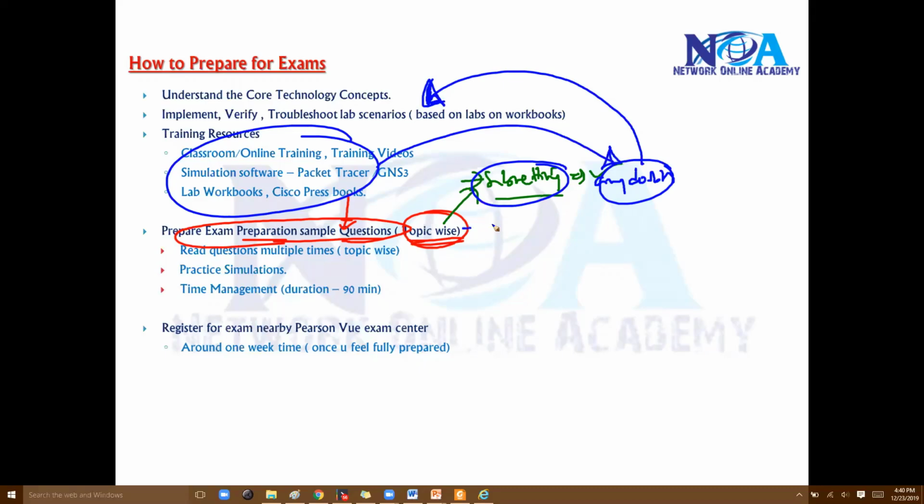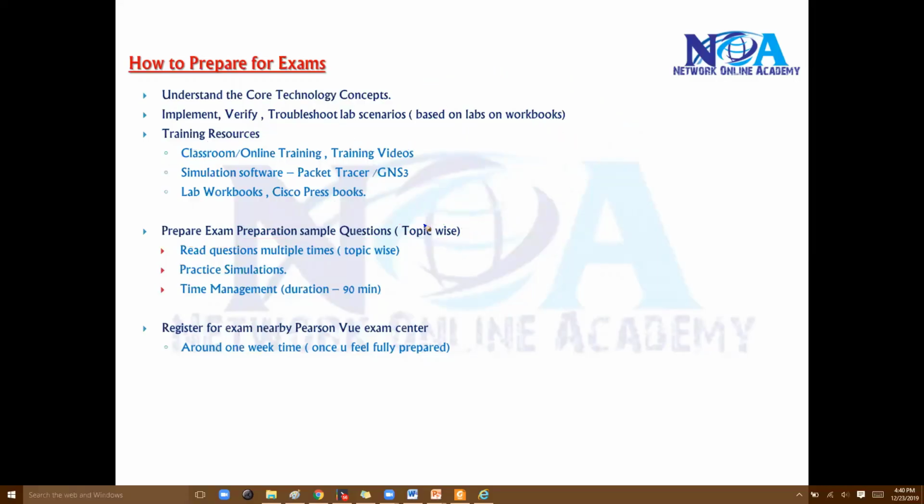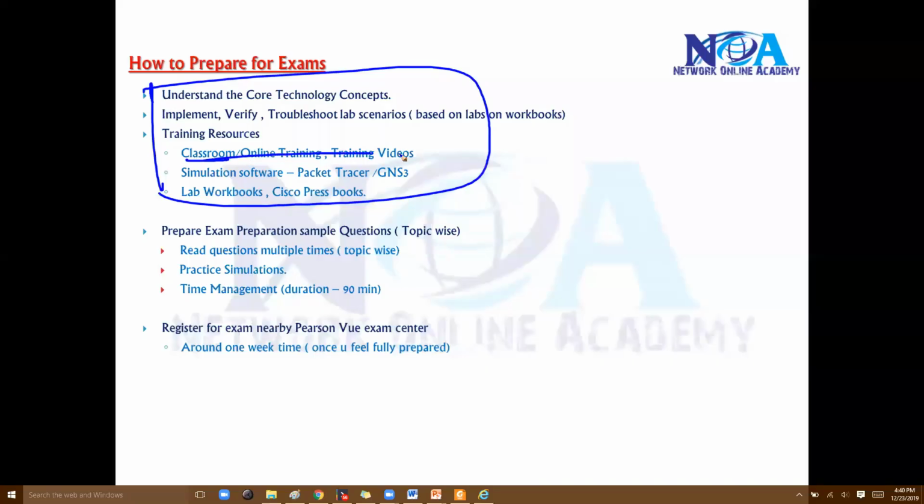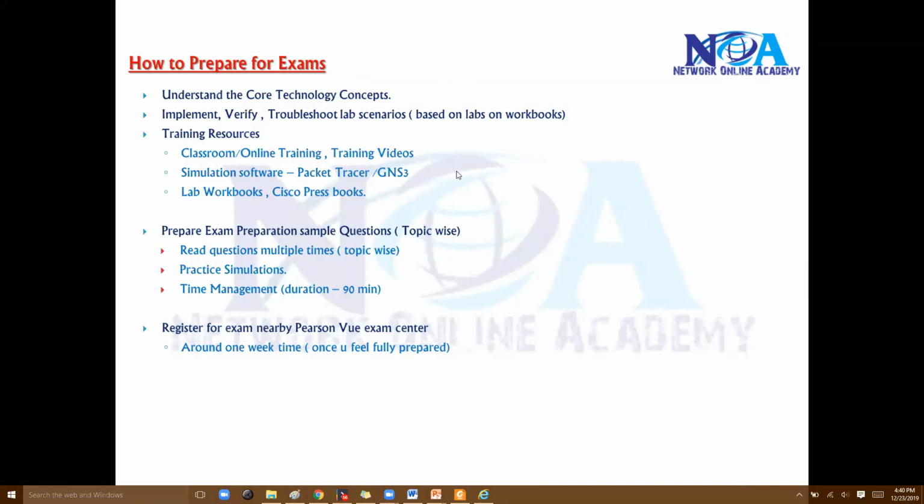If you find any doubts while doing some labs, maybe there is a simulation, or some questions based on scenario configuration, you can go and implement and verify and come back. So you can always get back to these resources. Of course, this is not required, but selected topics you can revise using videos or other references.